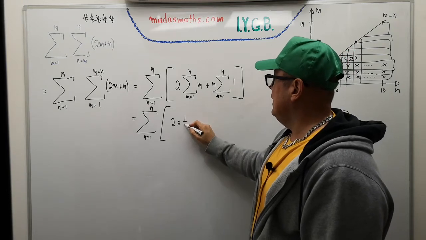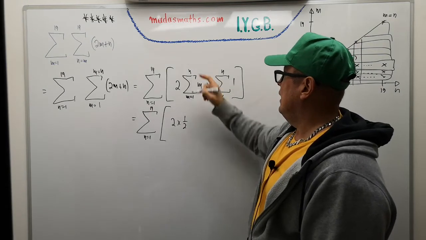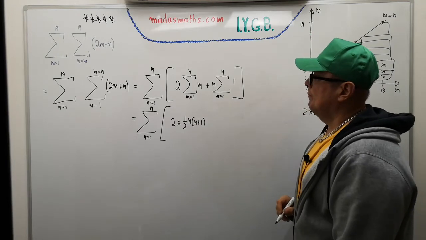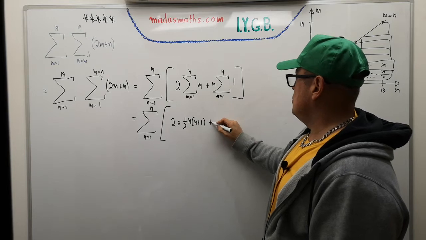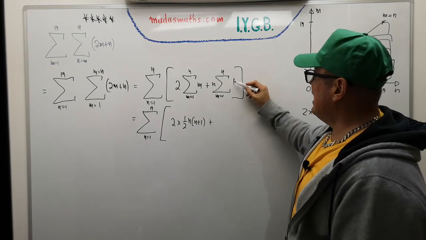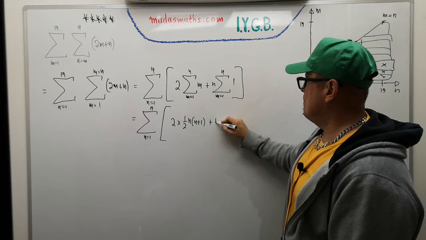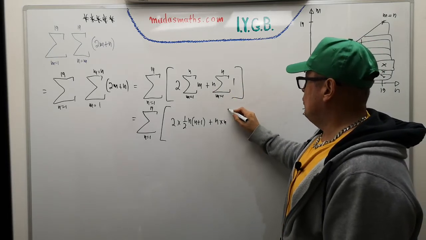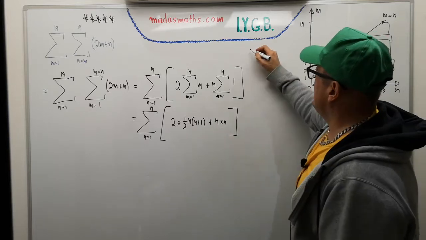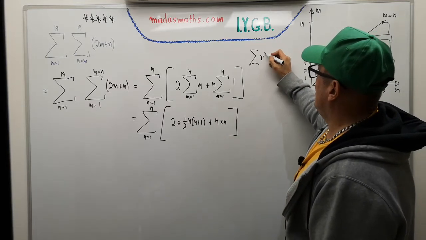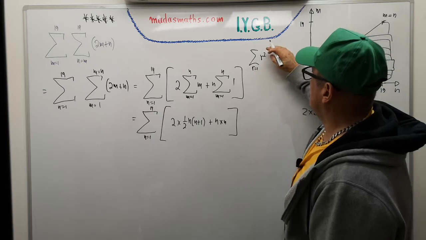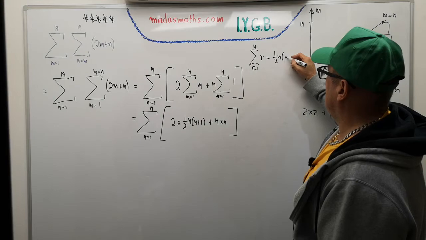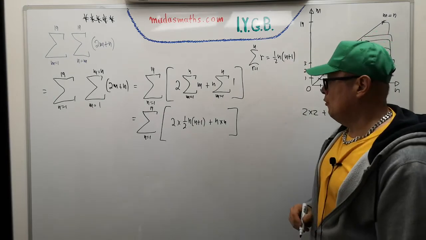I'm going to write underneath it a half n plus 1, and to that we will need to add, we're adding ones basically from 1 to n, so it's going to be n, that's this n on the outside, times n, which of course will give me n squared. The formula that I'm using up there is, of course, sigma r, r is equal to 1 to n, is a half n times n plus 1, which is a well-known formula.